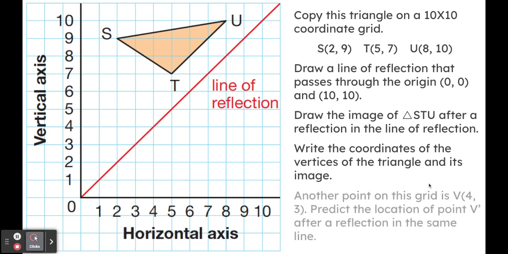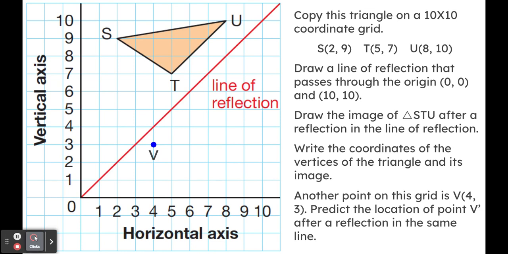All right. And then our final step is there's another point on this grid, and that is point V with coordinates 4, 3. What I want you to do is predict the location of point V prime after reflection in the same line. So you're going to reflect point V in this line of reflection, and then you're going to write down what the coordinates are for point V prime.